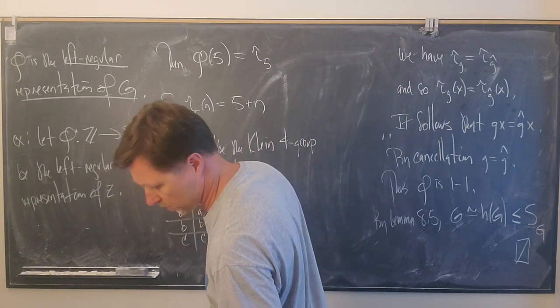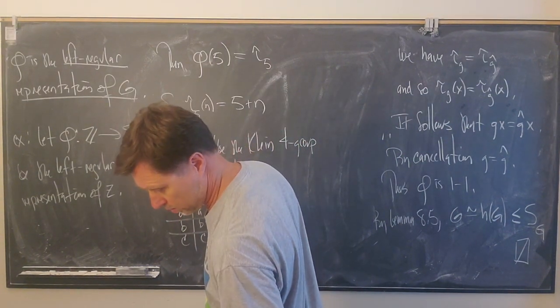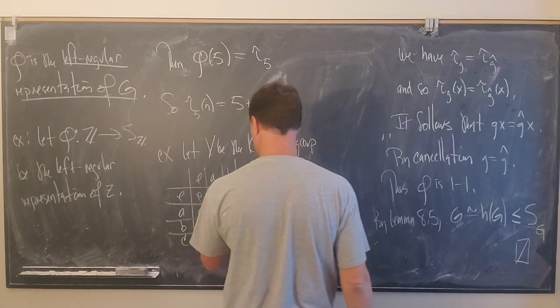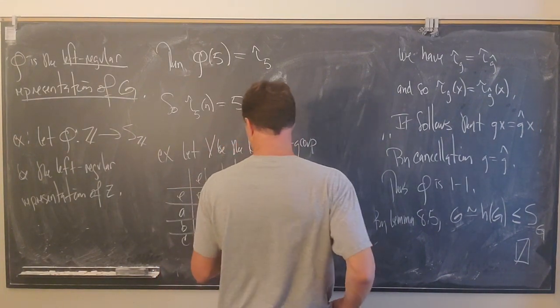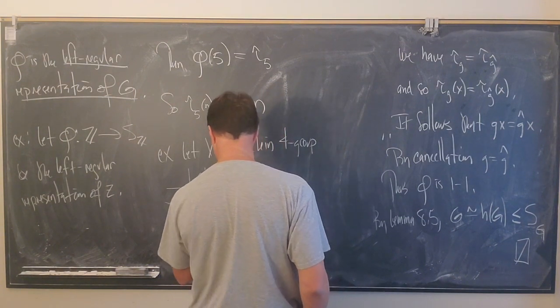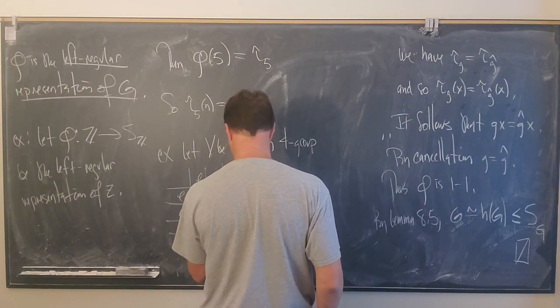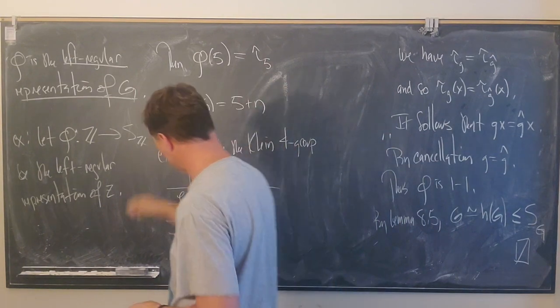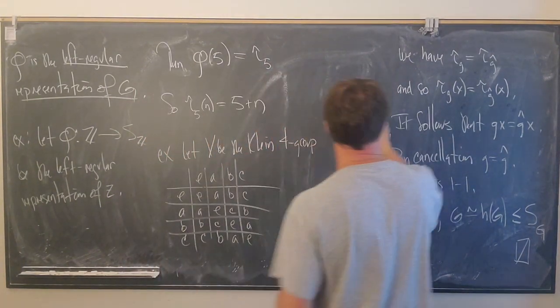Oh, we got to choose it to be C, right? Yeah. C goes there. B goes there. A, C, B, and A. Okay, so there's the Cayley table for the Klein 4 group.